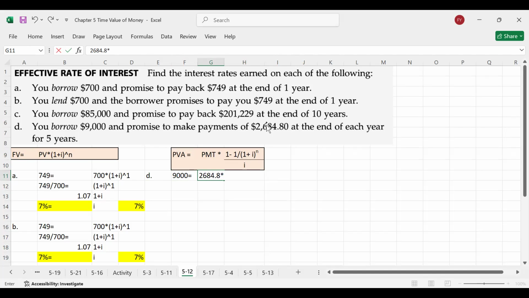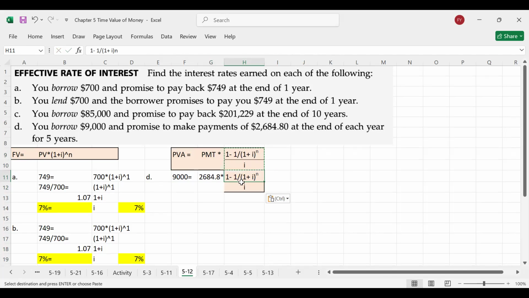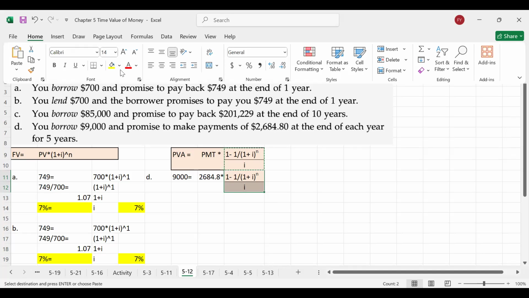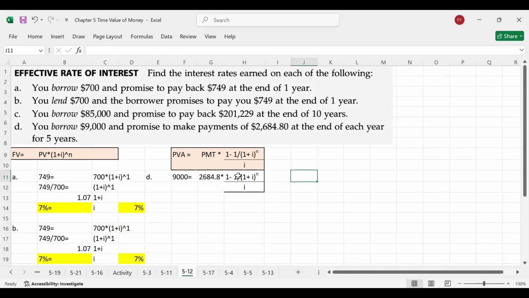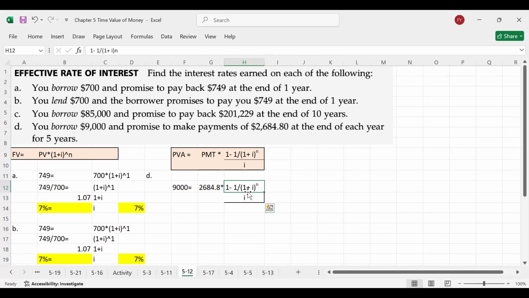This PMT will be multiplied by what is called the factor.